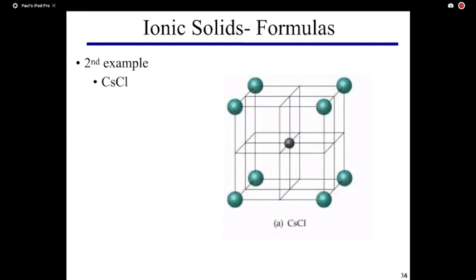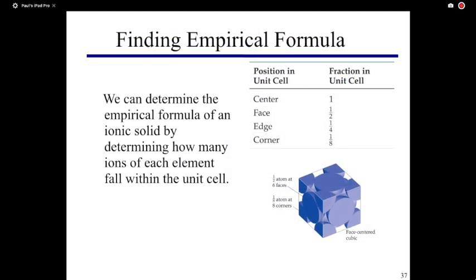Chlorides are the big ones, right? All right. Now, we can determine the empirical formula of ionic solids by determining how many ions are within that unit cell. So we said there were 4 chlorides and 4 sodiums. So the empirical formula is not 4 to 4, it is 1 to 1.